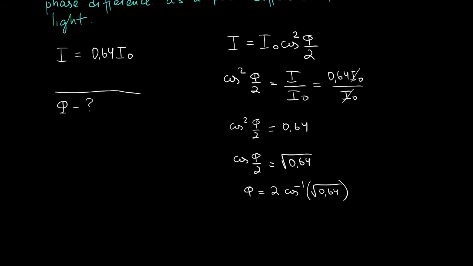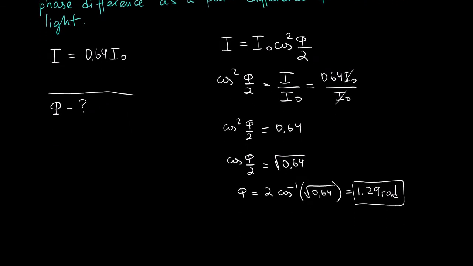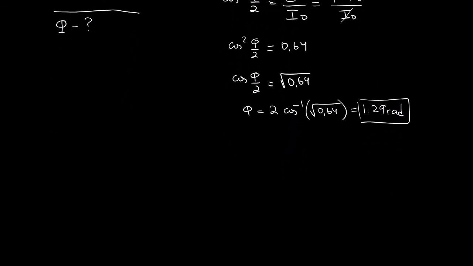Plugging this into our calculator, make sure that it is in radians, so we will get 1.29 radians. So that's the answer to the first question. For the second part, to express the phase difference as a path difference, we know that the path difference delta R is related to phi.